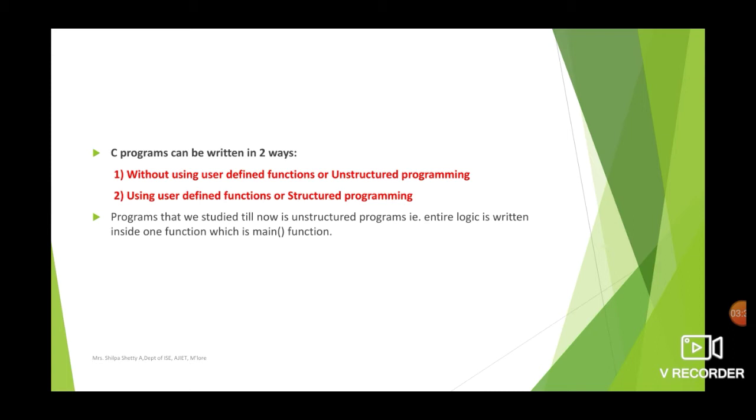Before going to user-defined functions, let us see the different types of programming we have. C programs can be written in two ways. The first is without using user-defined functions, which is also called unstructured programming. When you don't use any user-defined function in your programming, such a programming concept is called unstructured programming.